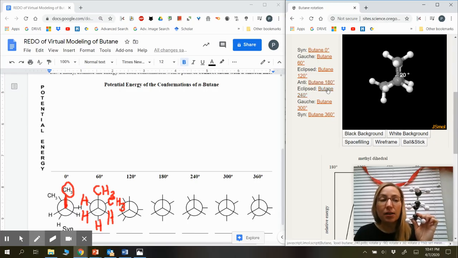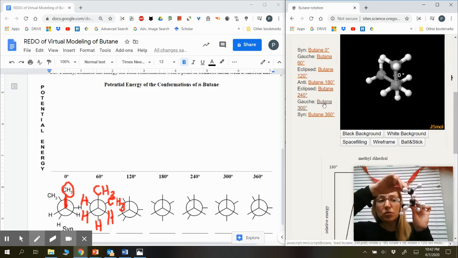And then we're going to eclipse a little bit. And so we're going to move 60 more degrees here. We're going to eclipse a little bit, 60 more degrees. And then we're going to go to gauche. So notice how these staggereds have fancy names like gauche for that staggered. And then we'll move to this fully eclipsed conformation.